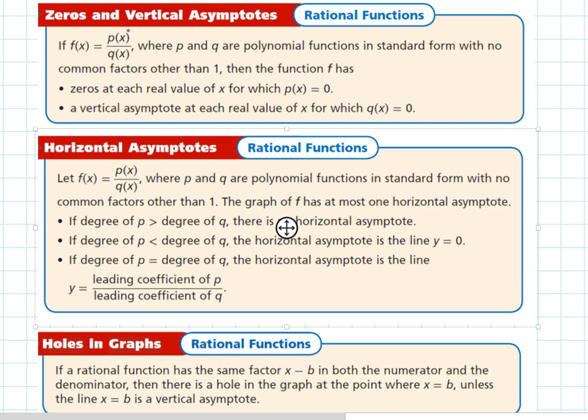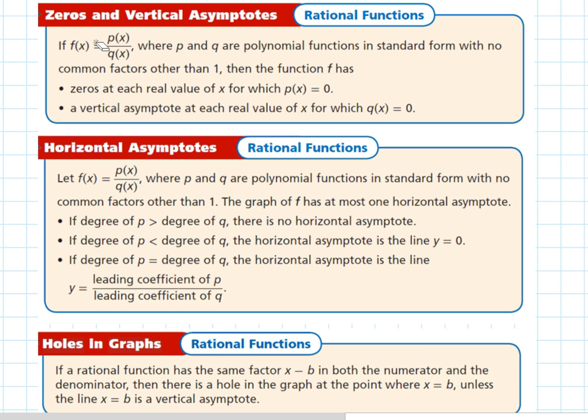So set p of x equal to 0. Wherever p of x is 0, that's a zero of the function. And we set q of x down here equal to 0, and that gives us vertical asymptotes, right? Wherever q of x is 0 are vertical asymptotes. So that's zeros and vertical asymptotes.